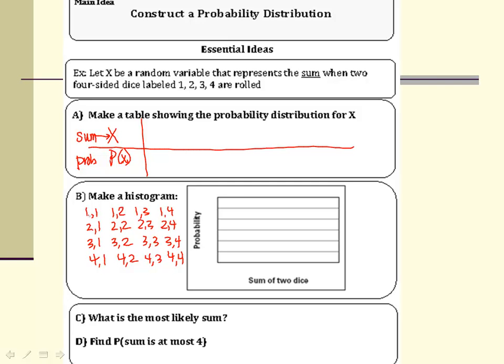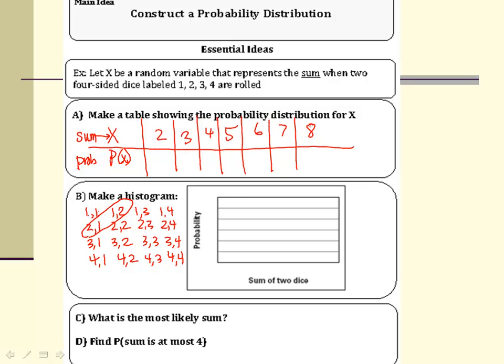It's when I take 1 and 1, and 1 plus 1 is 2. So my smallest sum is 2. And then I go to my next diagonal, 1 and 2 and 2 and 1, that means I could have a sum of 3. And I could have a sum of 4, 5, 6, 7. My last sum has to be 8, a 4 and a 4.